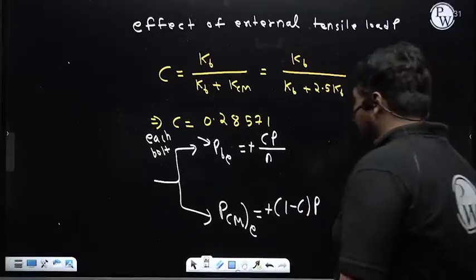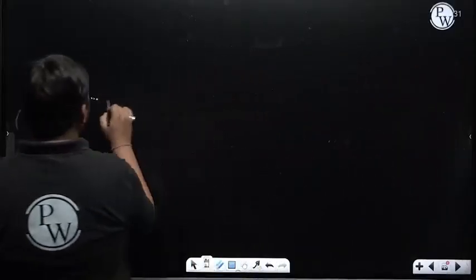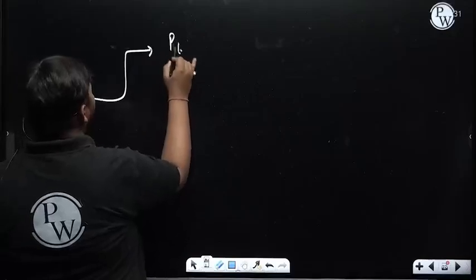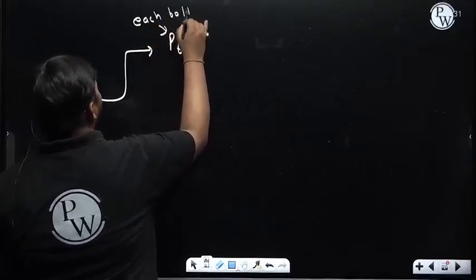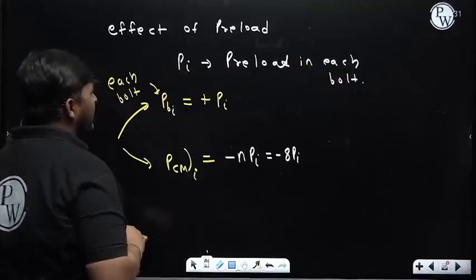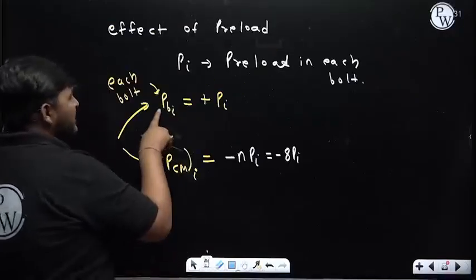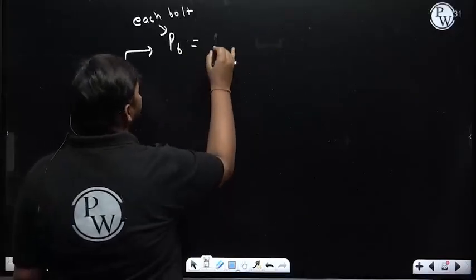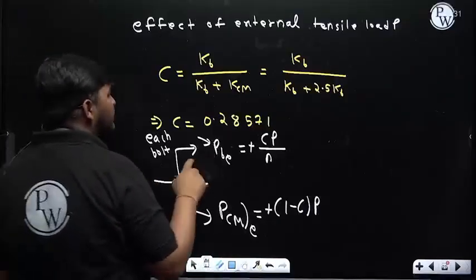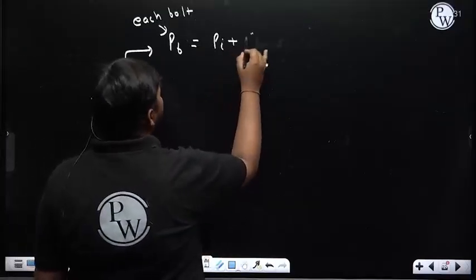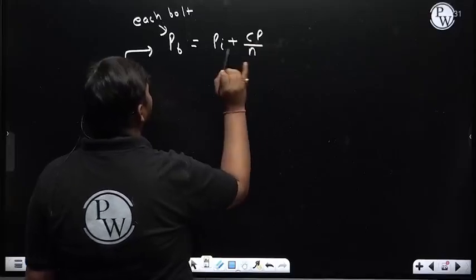Now we can calculate the overall axial force. Suppose the overall axial force in each bolt is PB. Due to preload, the axial force in each bolt is plus PI. Okay. Due to external load P, the axial force in each bolt is plus Cp by n. So the total axial force in each bolt is this.